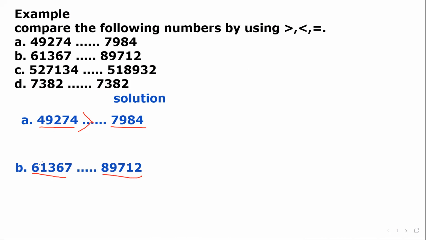So let's count the number of digits here. The first number is 1, 2, 3, 4, 5. The second number is 1, 2, 3, 4, 5. They are having the same number of digits.